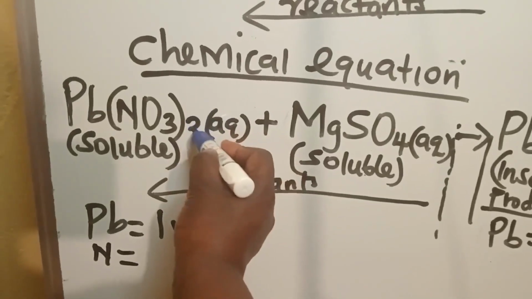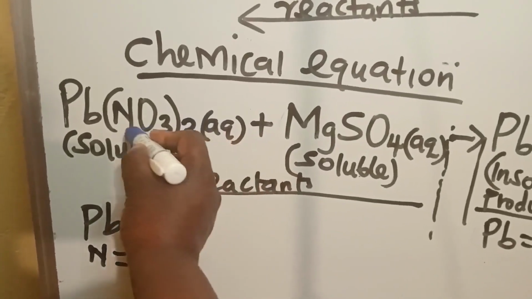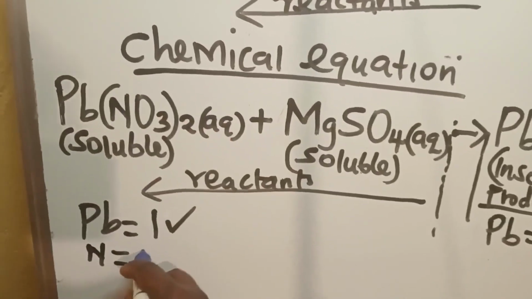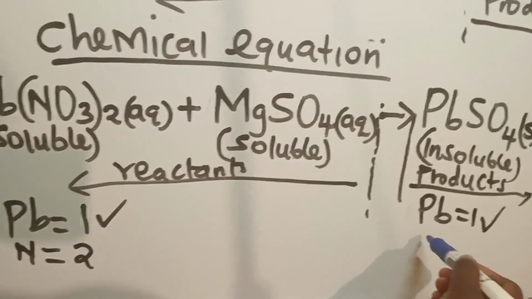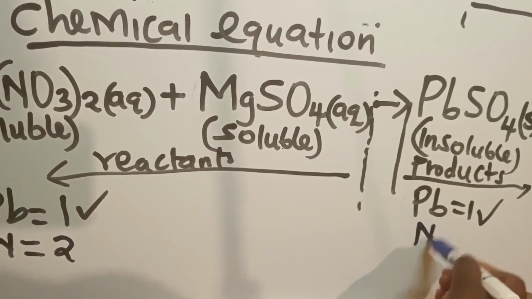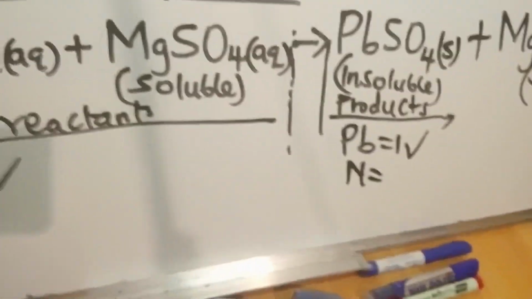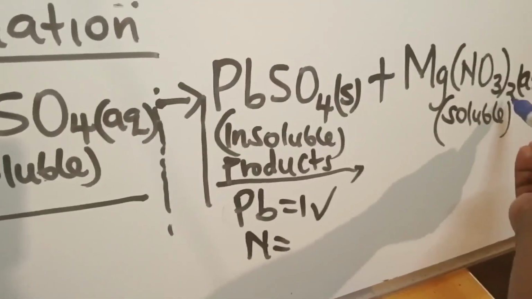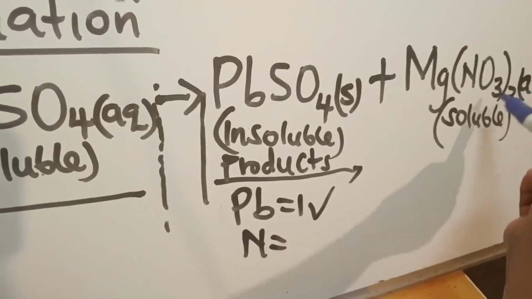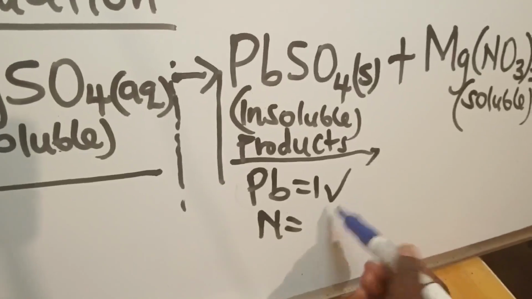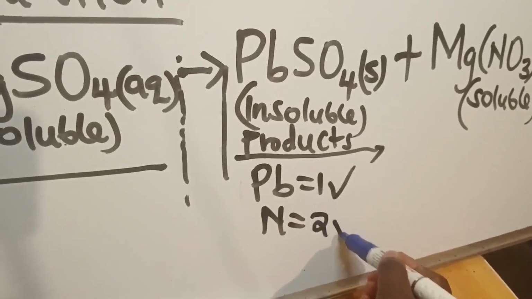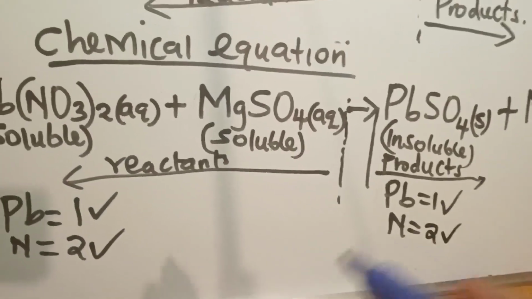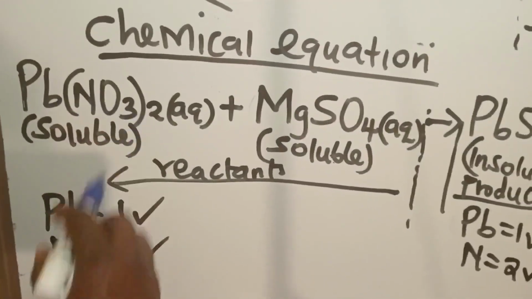So we are next to nitrogen. I have just said that these two belong to both nitrogen and oxygen, so nitrogens are 2. We go to the product side. We check how many nitrogens we have. Again, we also have these 2 that is also for nitrogen, and the nitrogens are balanced. Next we go to oxygen.